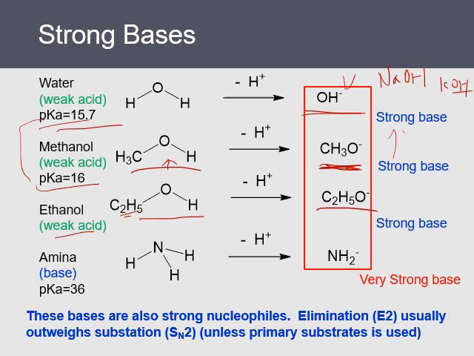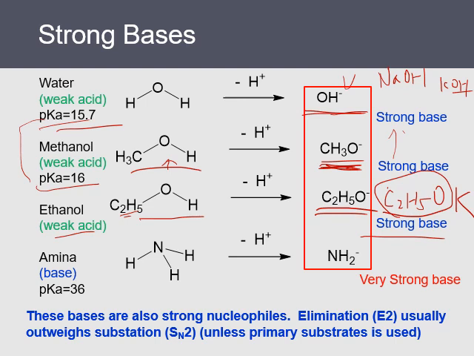So ethoxide, which you have already seen before, is a strong base. So hydroxide, methoxide, ethoxide are strong bases. In the future, when you see C2H5O potassium, that is ethoxide, a very strong base.